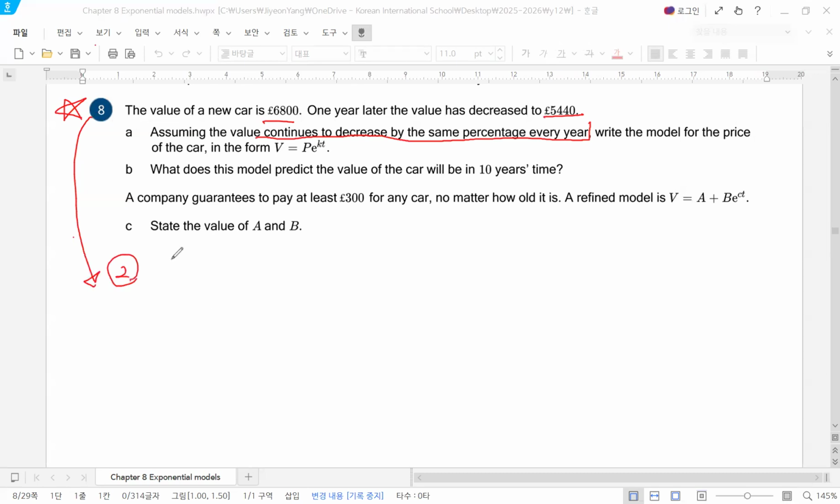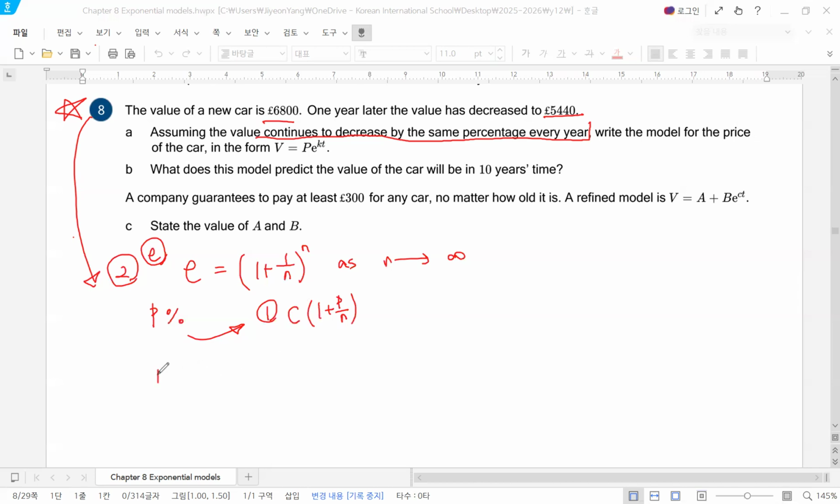Do you remember the definition of e? So e equals 1 plus 1 over n to the power of n as n goes to infinity. Do you remember that? And then if the annual interest is P%, if we give interest once a year, then after 1 year, it's going to be 1 plus P over n, times the initial investment money.